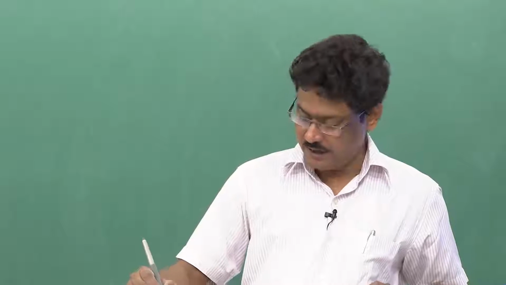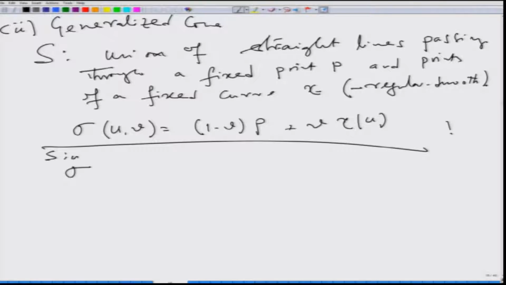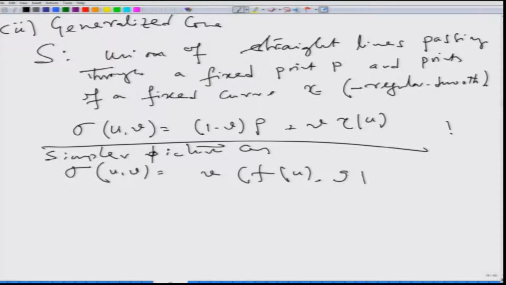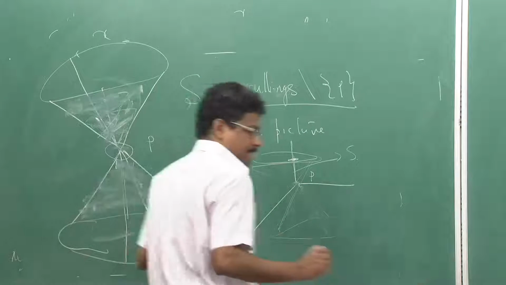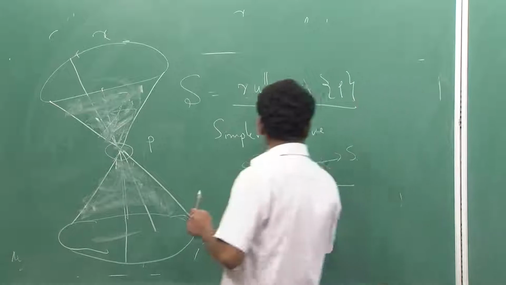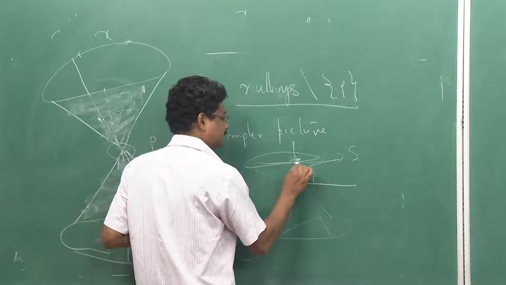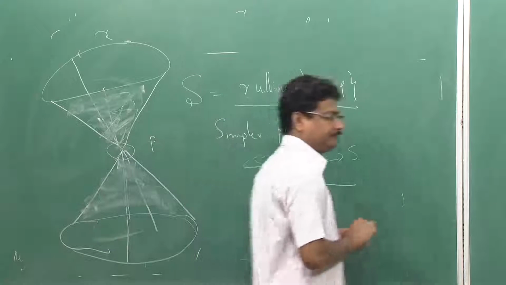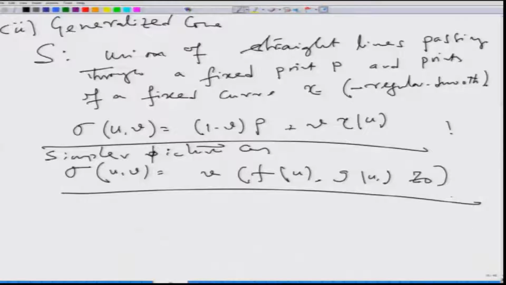In the simpler picture, sigma u v is actually v f u, v g u, with z equal to z naught, that will be a simpler parameterization.